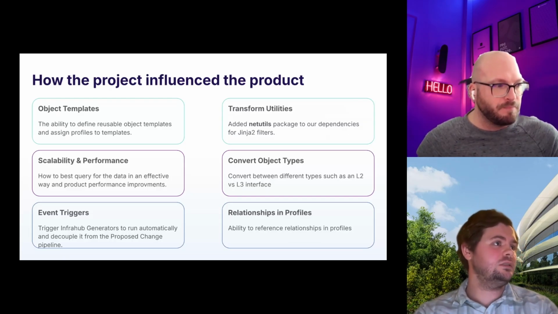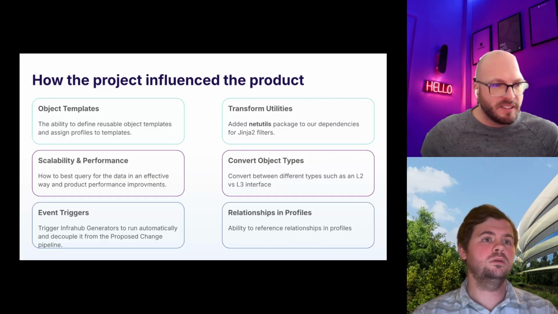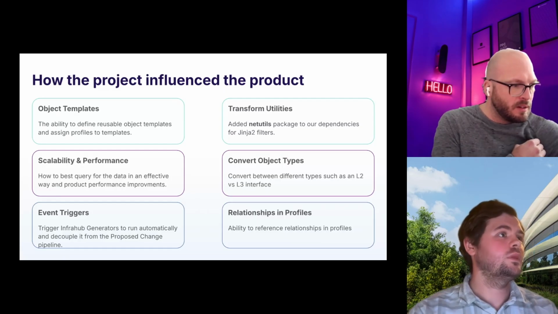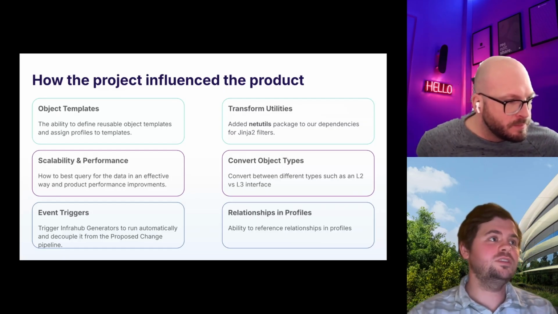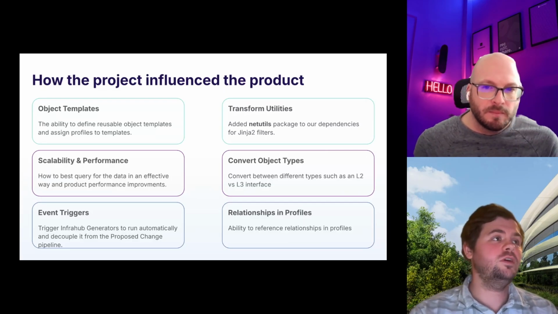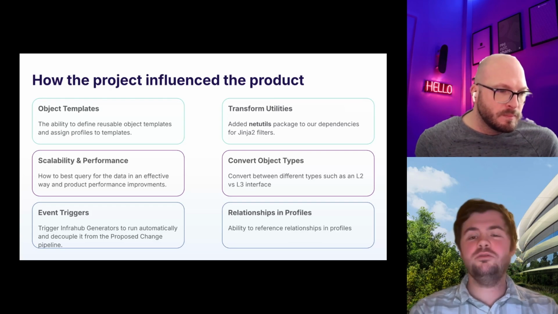Do you want to go through the next two? The scalability and performance. Oh yes. Alex, sorry. Sure. During the process, obviously, it's a lot of data. So we found a lot of scalability and performance issues with Infrahub, which is good because everyone benefits.